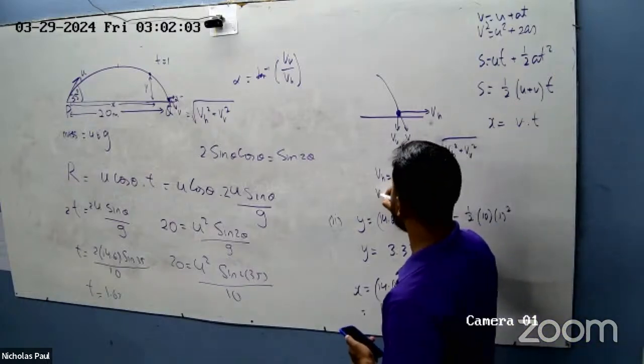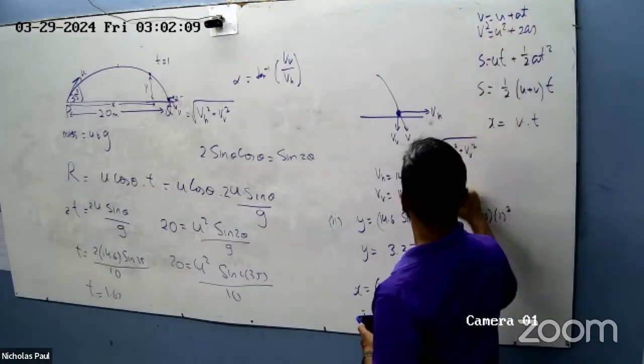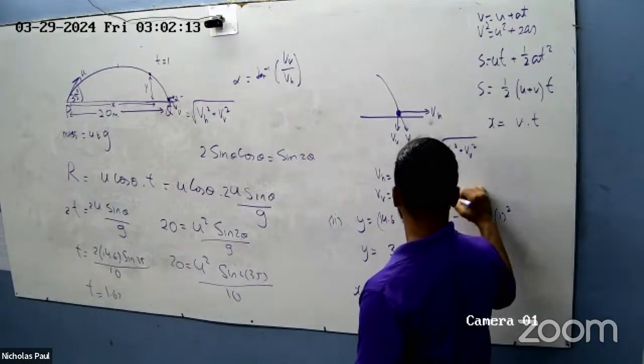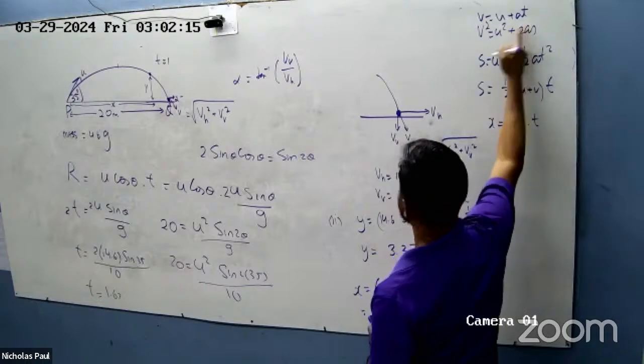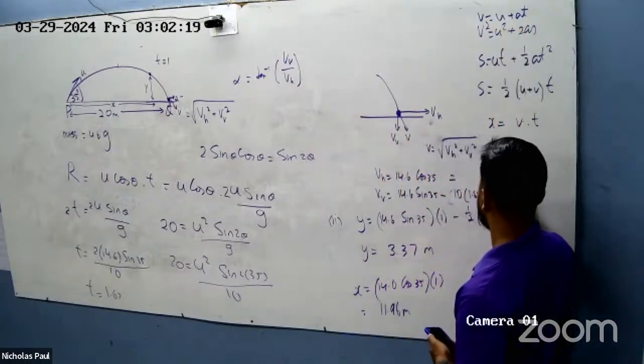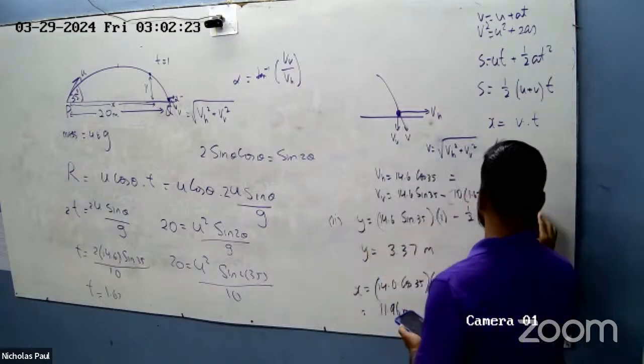So we could use the vertical velocity. It's 14.6 sine 35, that's u, minus 10 by t. T is 1.65.